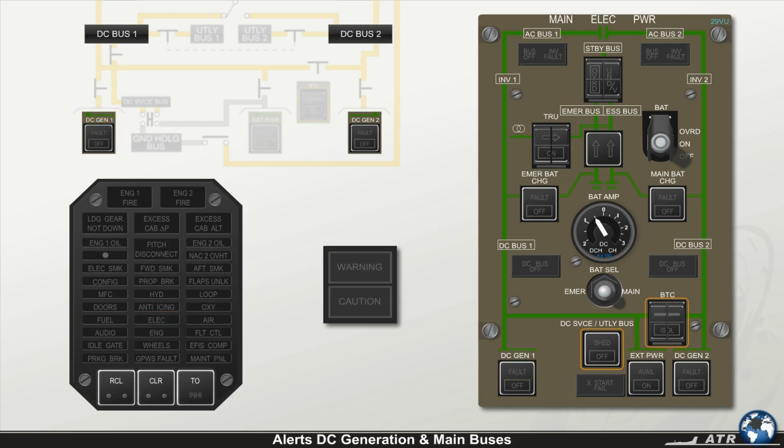If DC bus 1 or DC bus 2 is no longer supplied, the CCAS is activated, the amber master caution light flashes, a single chime is generated on the CAP, and the amber electric light comes on. At the same time, the respective amber DC bus off local alert on the main electrical power panel identifies the failure.